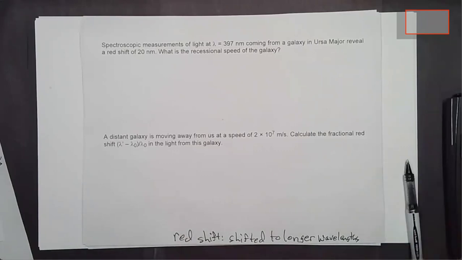It was, I think, called that in the early days because if you started from the middle of the visible spectrum, about 550 nanometers, which is kind of green light, if something is moving away, the light would be shifted to longer wavelengths, which from the middle of the visible spectrum is toward the red end.